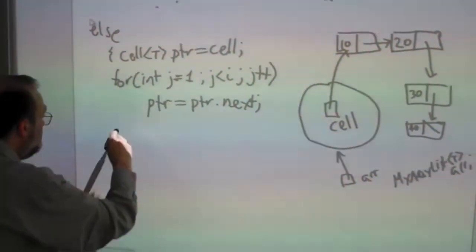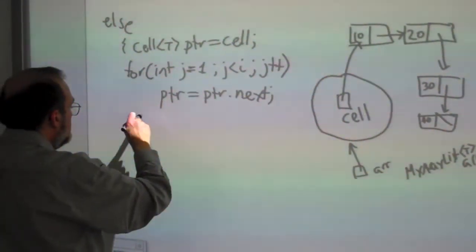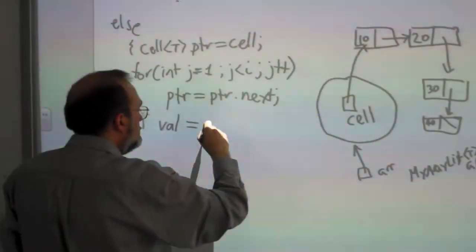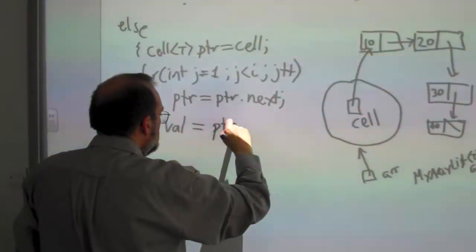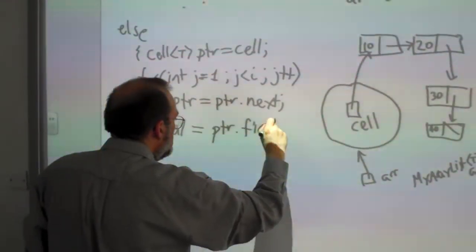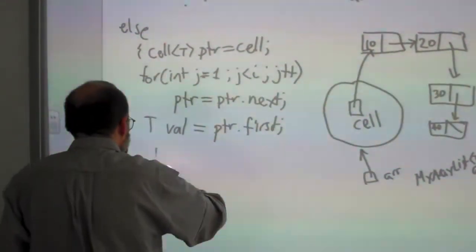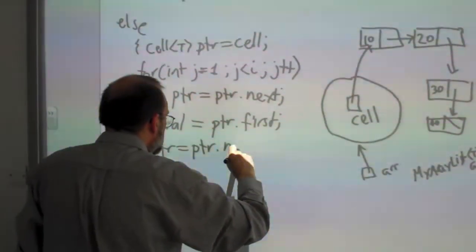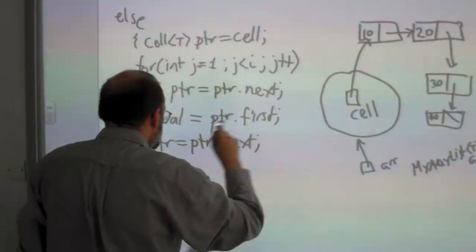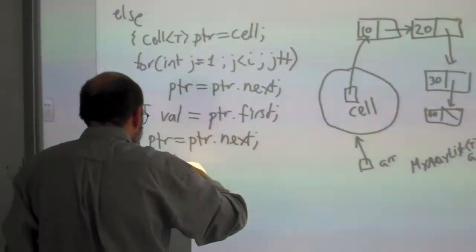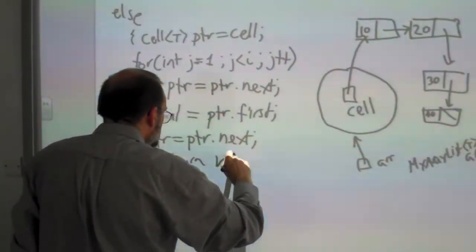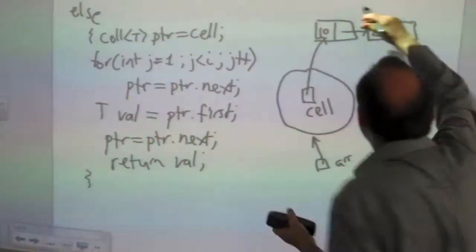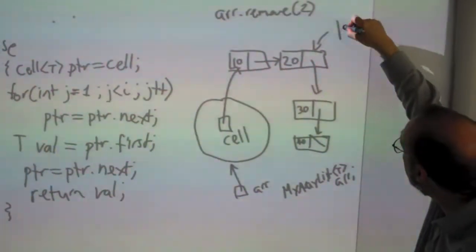So now, in our example, the pointer moves down the list to here.